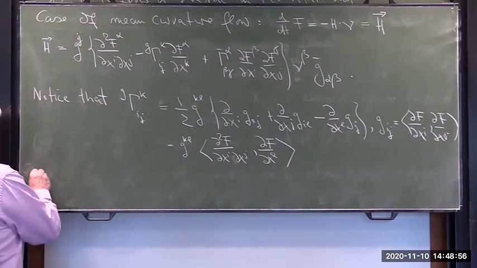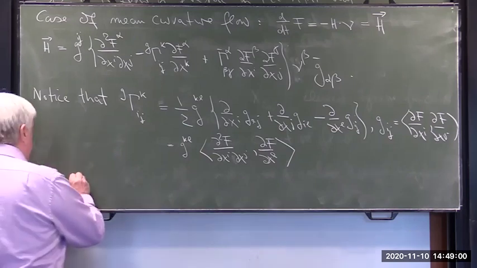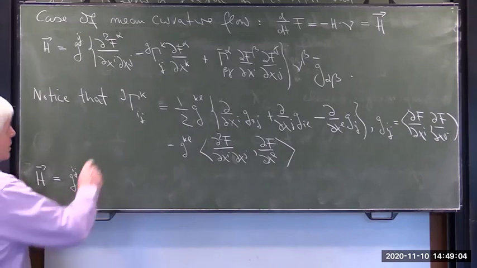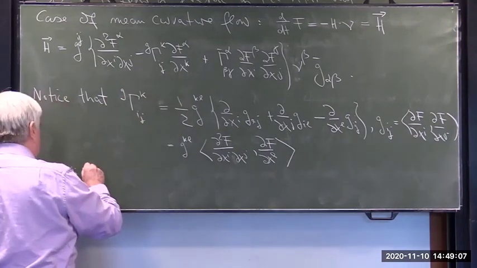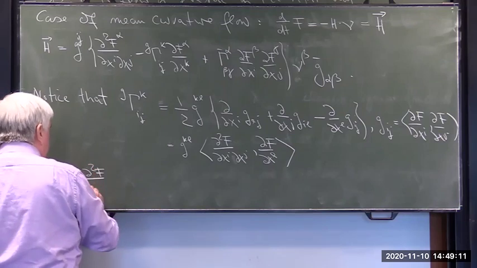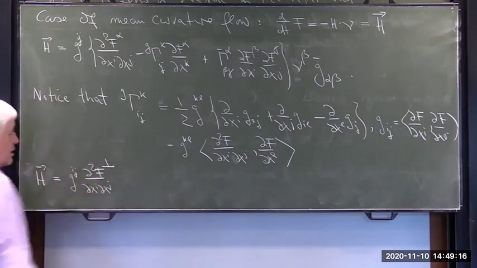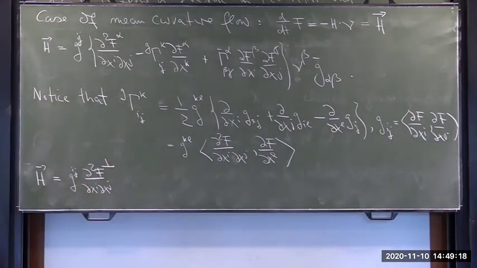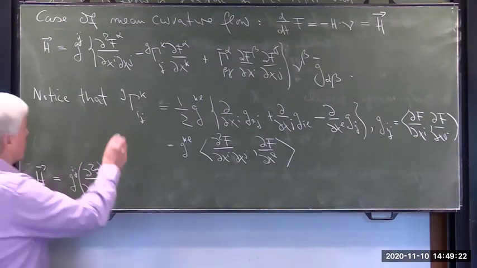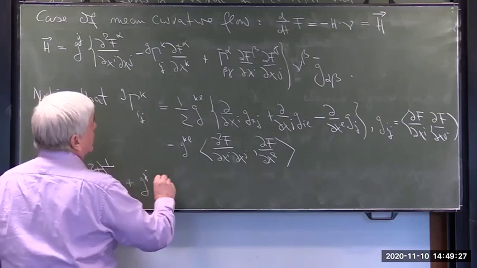So we can write that the mean curvature vector is equal to the trace of the normal component of the second derivatives of f, like this, plus this lower order term.